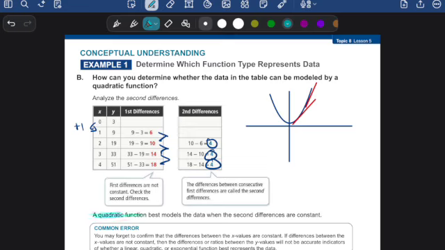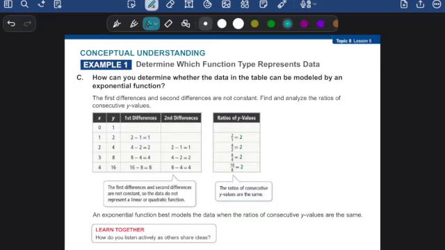Okay, so that's your first and second step. First, check the first difference. If you have a constant rate of change in your first difference, you know it's linear. If you don't have that, check the difference of the differences, check the second difference. And if you have a constant second difference, or relatively close, then you know it's quadratic because your rate of change is changing at the same rate.